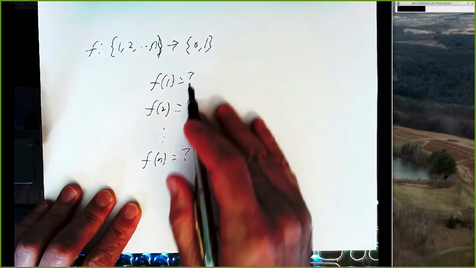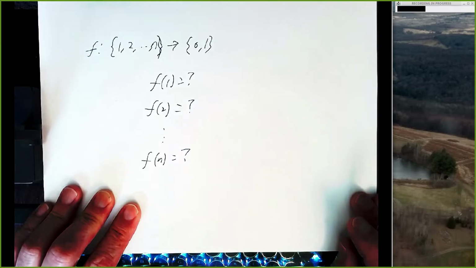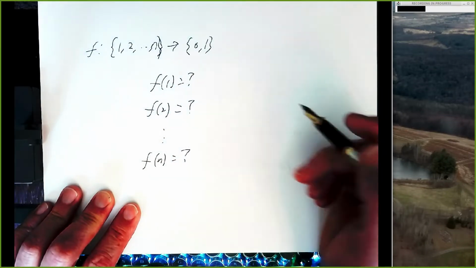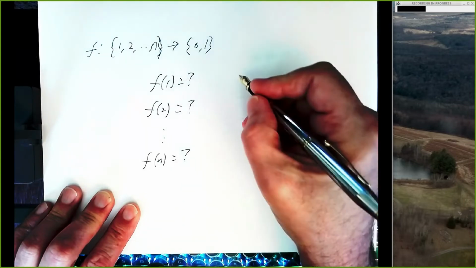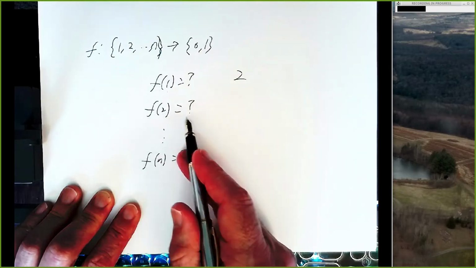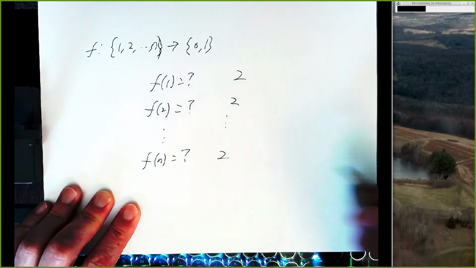And each different way that I can answer these question marks gives me a different function. So how many ways can I decide what f of 1 is going to be equal to? Well, there's only 2 options. It's going to be a 0 or a 1. So I've got 2 ways to complete this subtask. I've got 2 ways to define f of 2, and so on. I've got 2 ways to define f of n.